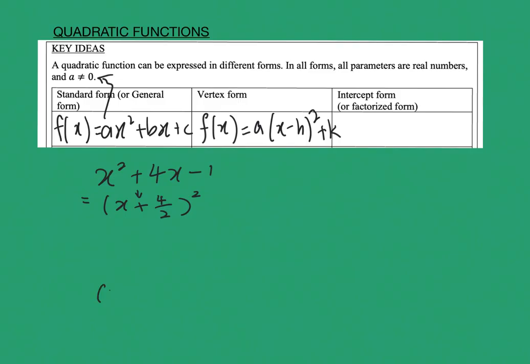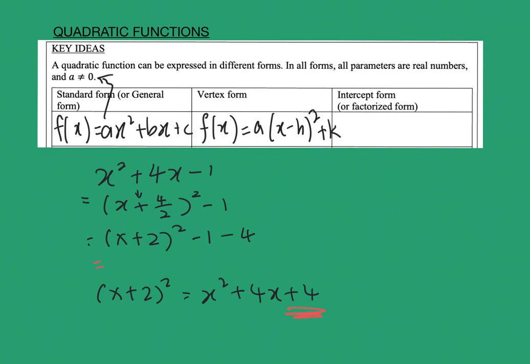So when you expand, this becomes x plus 2 squared. Now when you expand x plus 2 squared, you end up with x squared plus 4x plus 4. There is an extra term of plus 4 here. So what I do in my original expression, I must subtract the 4 to keep it equivalent to the original expression.